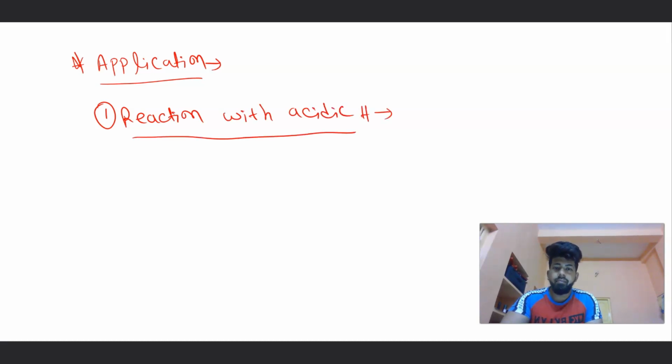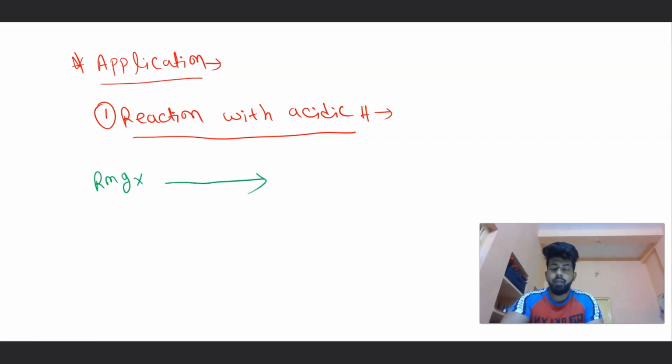So if there is some acidic hydrogen, Grignard reagent will react with that acidic hydrogen and capture the hydrogen to form an alkane. So here we will see that. Okay. So let's take one Grignard reagent. Suppose RMgX. This is a general Grignard reagent.